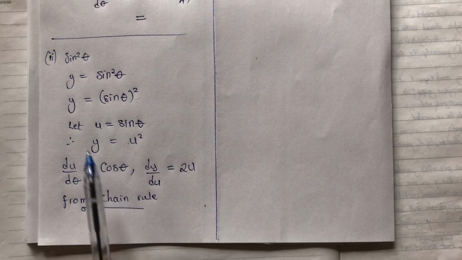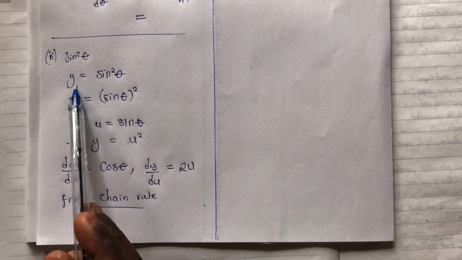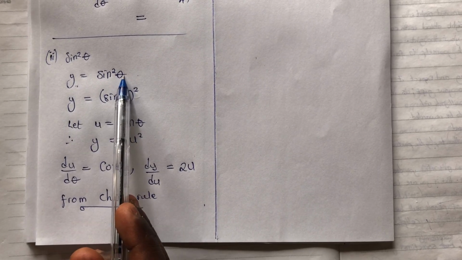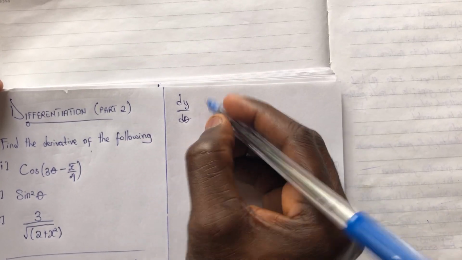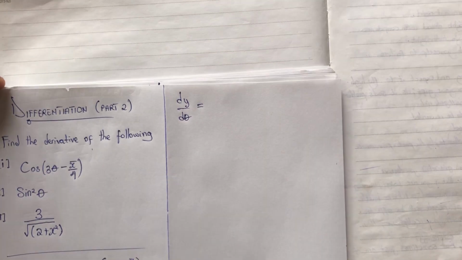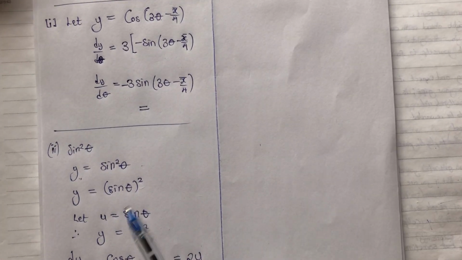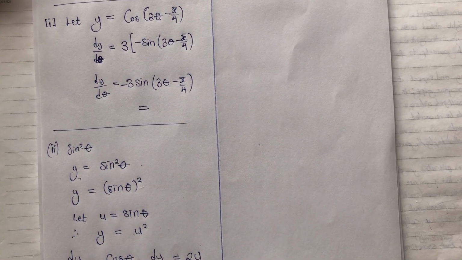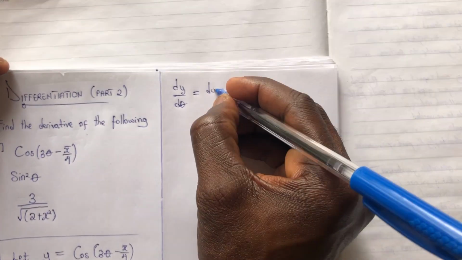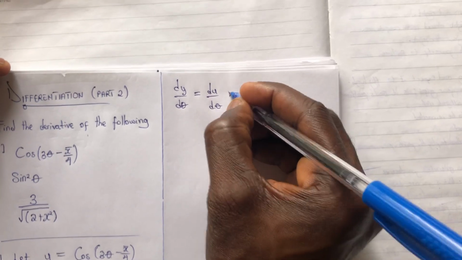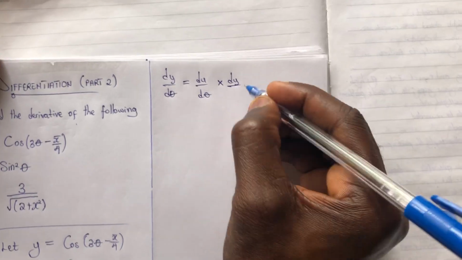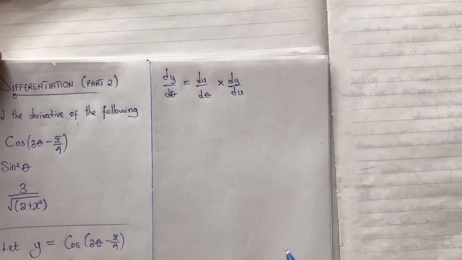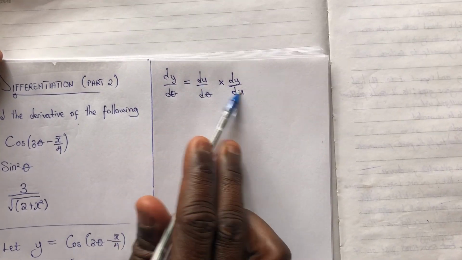We should note that we are differentiating y with respect to the variable theta. So dy/d theta will give us, then what was the first thing that we spoke of? We differentiated u with respect to theta. So we write that one to get du/d theta multiplying the second derivative we had, dy/du. So we can see this and this are the same.